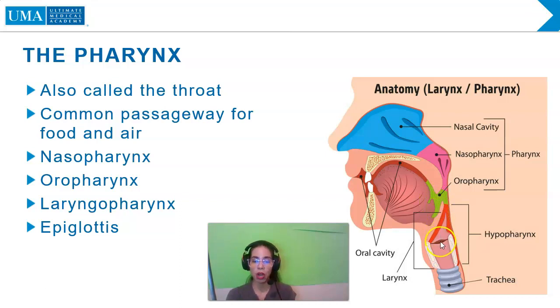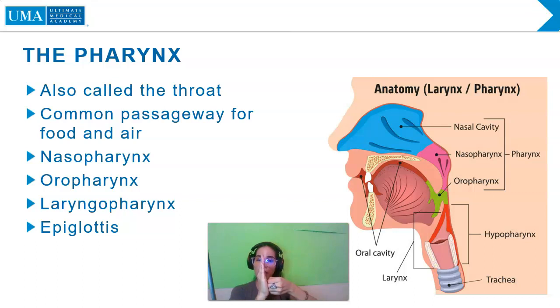Next is the epiglottis. The epiglottis is a flap of tissue, and what it does is help to cover the trachea as we swallow. If we are swallowing, drinking, or eating, then, let's pretend that this is the trachea, the tube that is leading down to the lungs, and this is the epiglottis.